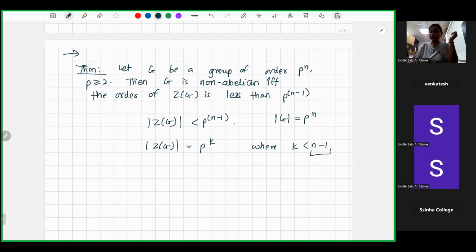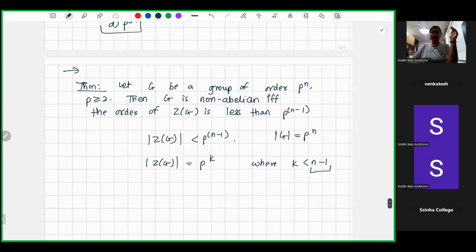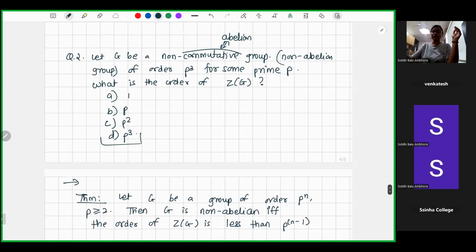Okay, so this is strictly less than n minus 1, and what is the order of Z(G)?